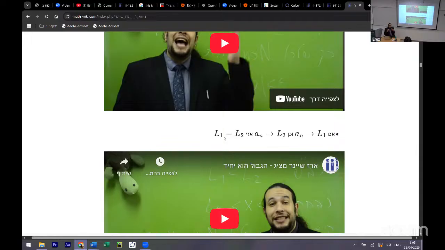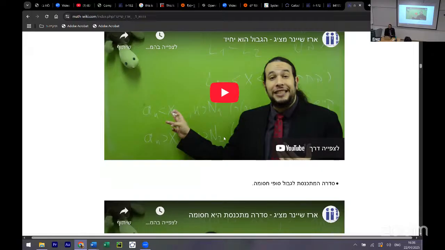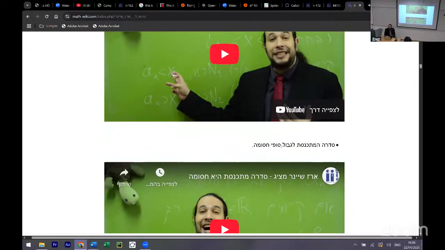Quickly, the reason is if L1 is different than L2, take a small enough area, it couldn't possibly include L1 and L2, but it's supposed to include most of the sequence. That's the idea. A sequence with a finite limit is bounded.